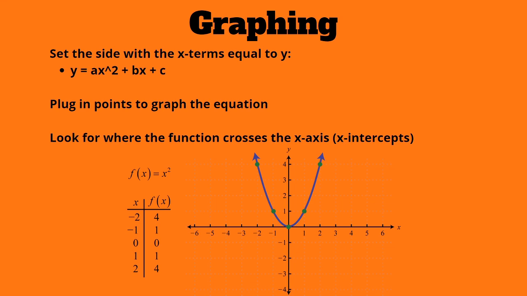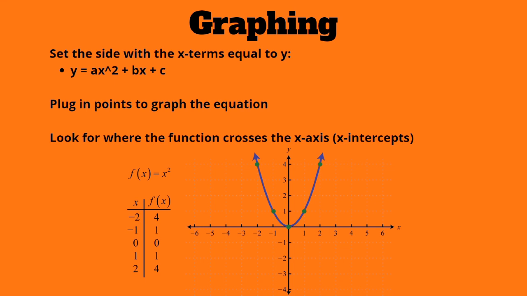So for graphing, what you want to first do is set what the x terms equal to y. So basically, instead of doing ax squared plus bx plus c equals 0, we want to do ax squared plus bx plus c equals y. And from there, we simply want to graph the equation.